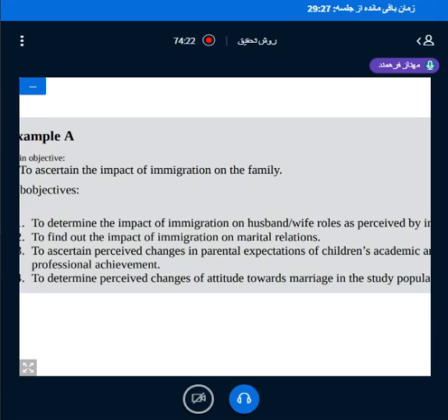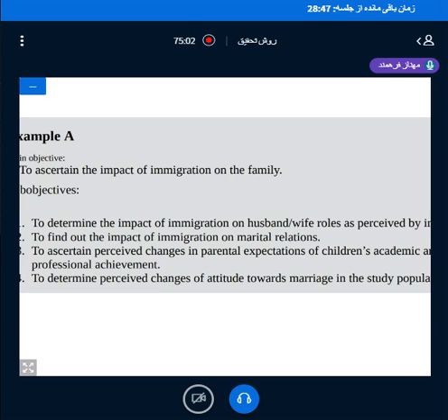Example A, for writing the objective: to ascertain the impact of immigration on the family. This is our objective. And the sub-objectives are: 1. To determine the impact of immigration on husband-wife roles as perceived. 2.